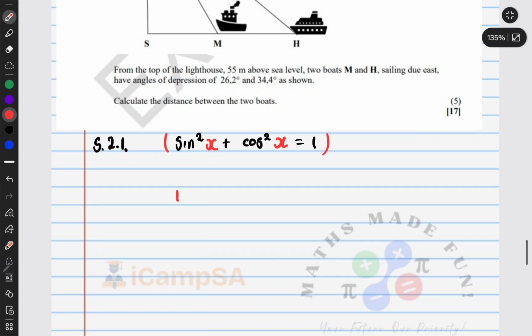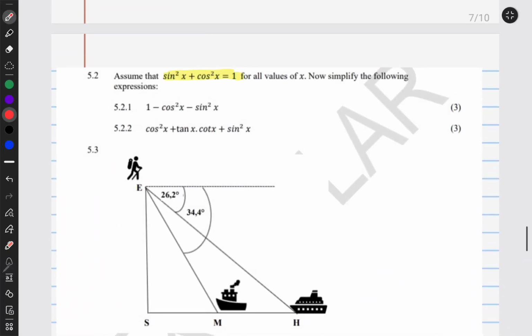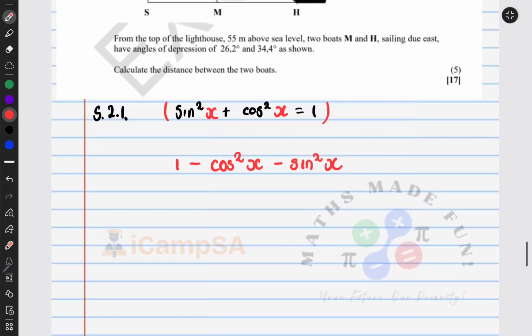Then we come here, 1 minus sine squared x, it's cos squared x minus sine squared x. 1 minus cos squared x minus sine squared x. Okay, so for this one, I'm going to say this is equal to 1. Let's take out the common factor of the negative 1.